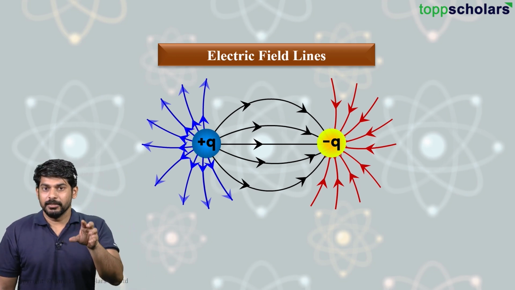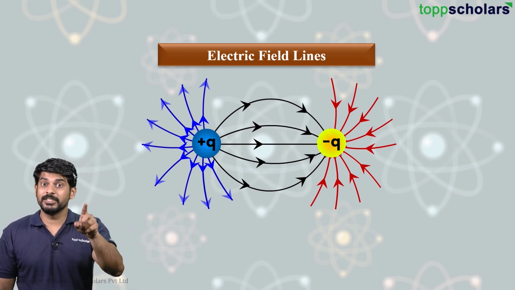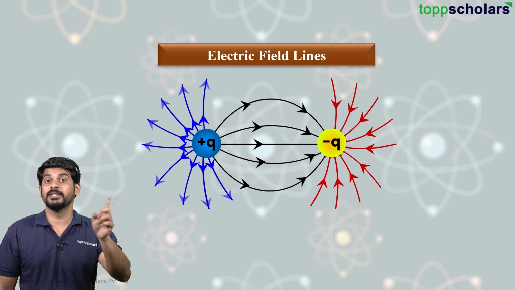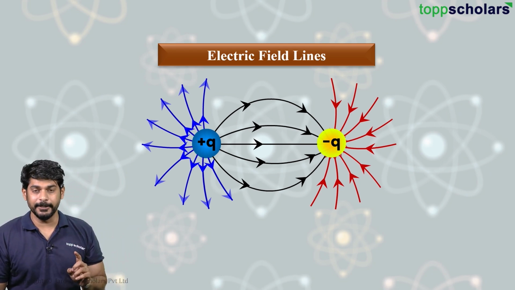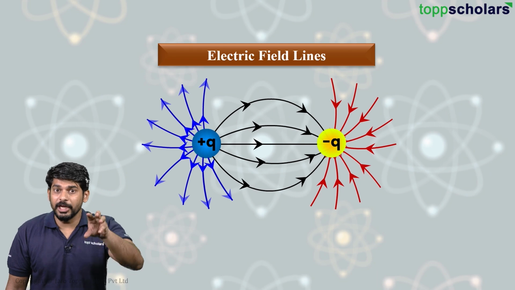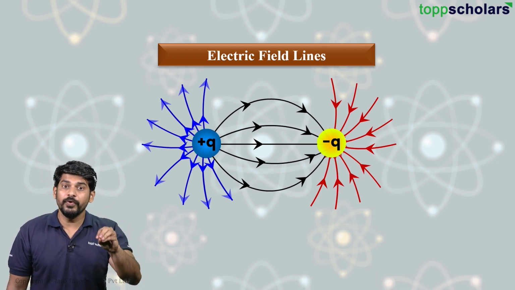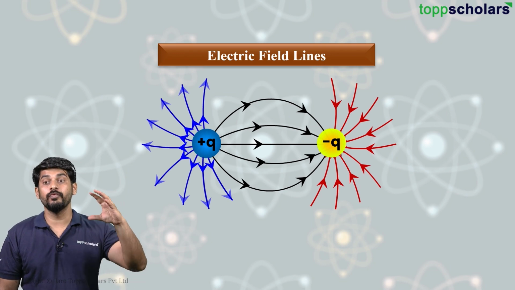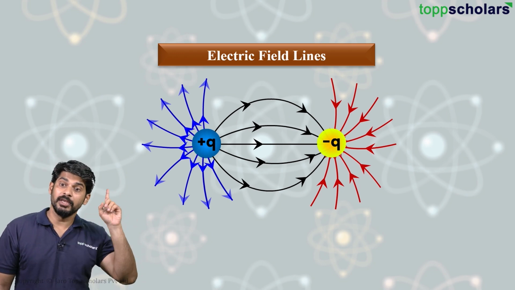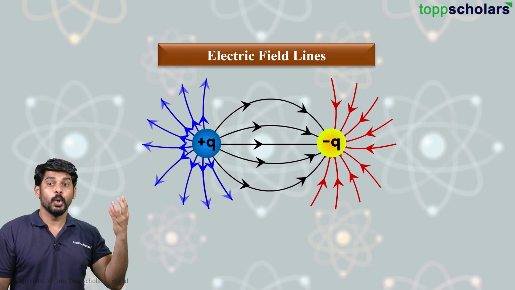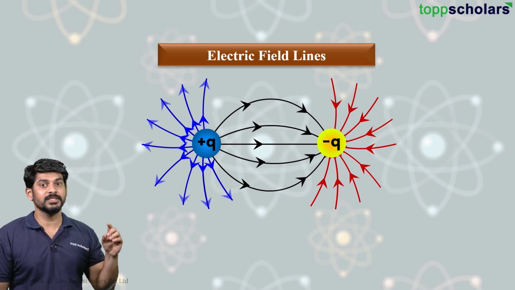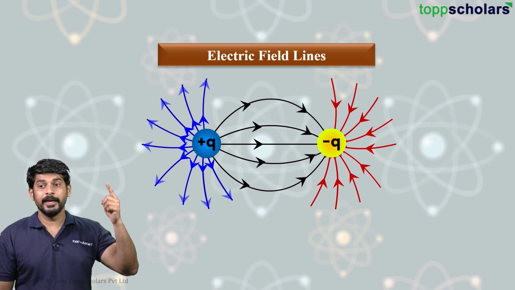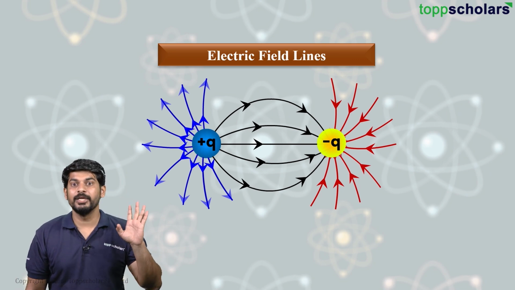So there are two types of charges as we can see. One is positive, the other is negative. The electric field lines always originate from positive charges and they always end up in negative charges.